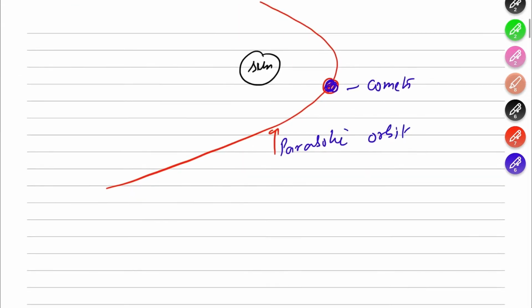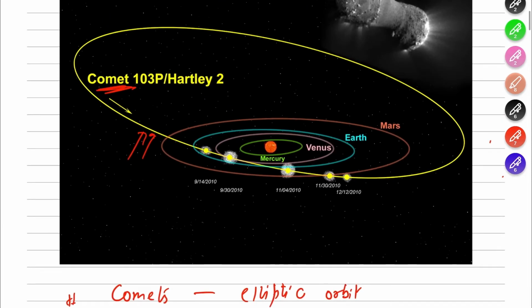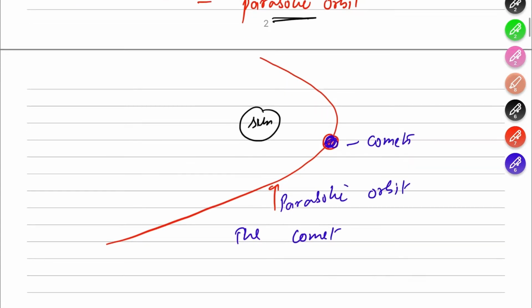In case of a comet having a parabolic orbit, we say the comet will pass the sun only once and will never return. If it is an elliptic orbit, the path is very long, so maybe it takes many years to pass the sun. But if the orbit is parabolic, it will pass the sun once and never ever return.